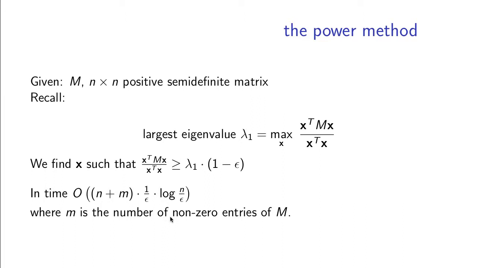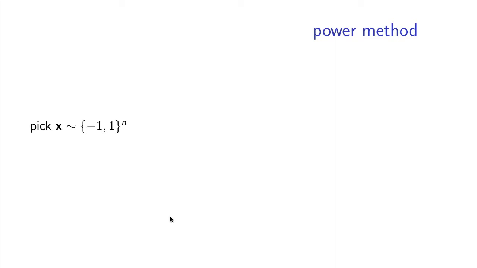The algorithm is extremely simple. It just picks at random a vector x with plus or minus 1 entries. So every entry will be minus 1 with probability half and 1 with probability half, and this random choice will be independent for different entries. And then we just multiply x by the kth power of M, where k is chosen to be logarithmic in n.